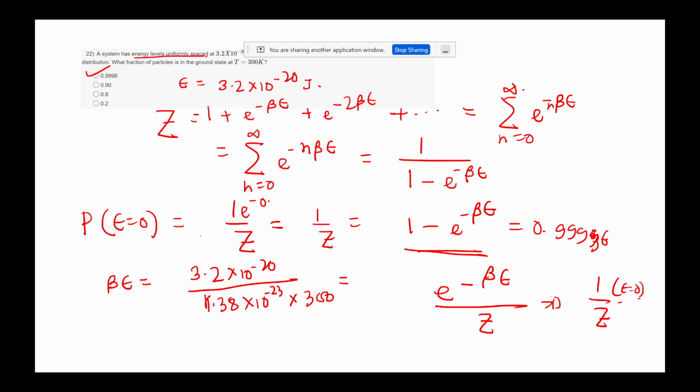So z is 1 by 1 minus e to the power minus beta epsilon, which comes into the numerator. Since that is the probability, that is the fraction of molecules that will be there. Okay, so that infinite geometric series is required.